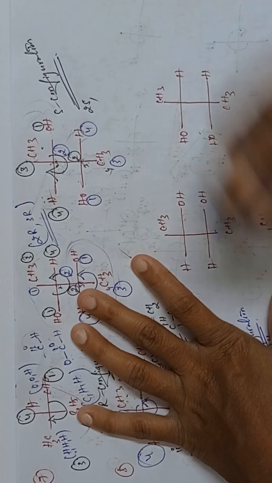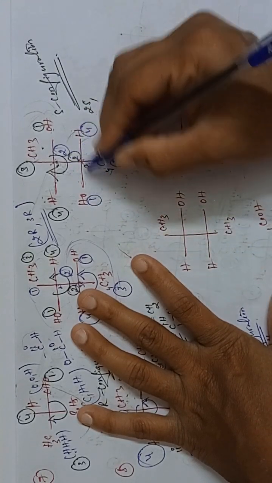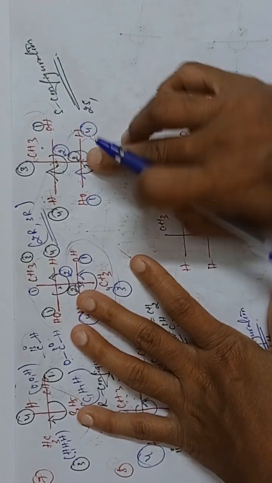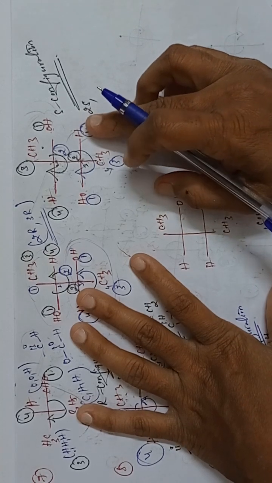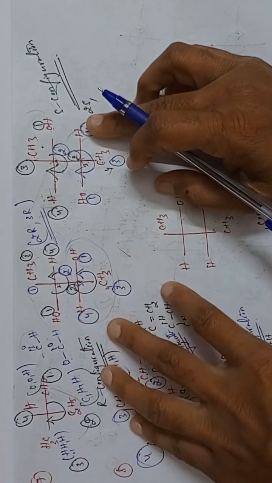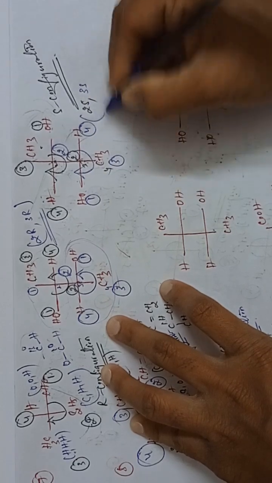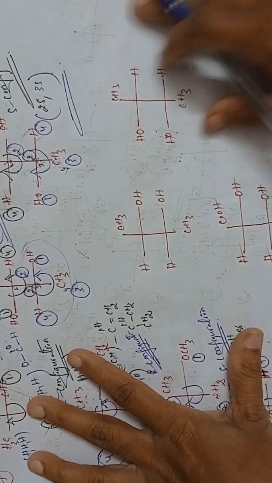Third priority, this is fourth priority. 1, 2, 3. Which direction, students? It is a clockwise direction, on the horizontal line. Clockwise on the horizontal line, trick number 2, that is S configuration. The third carbon chiral center is also S configuration. 2S, 3S. Clear?